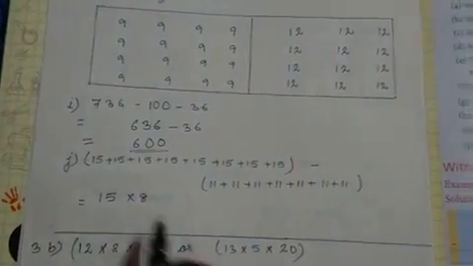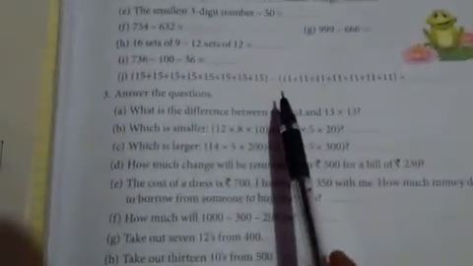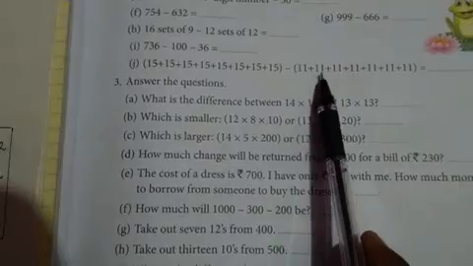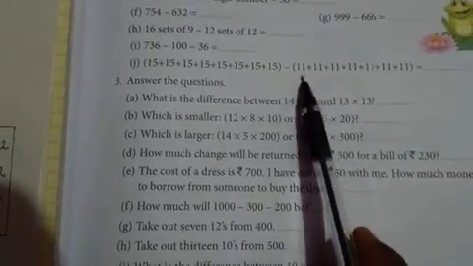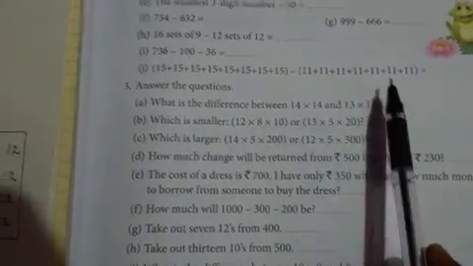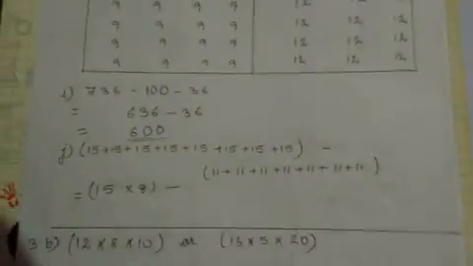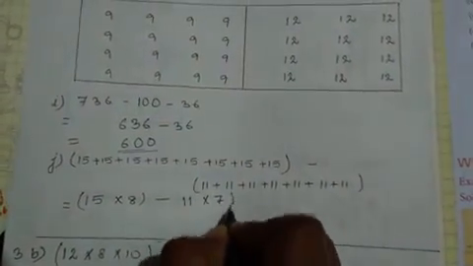There is one minus sign here. Let us put this in a bracket, put the minus sign here, and let us count the 11s. 1, 2, 3, 4, 5, 6, 7. So there are 7 11s. So this will be 11 into 7, putting it in a bracket.